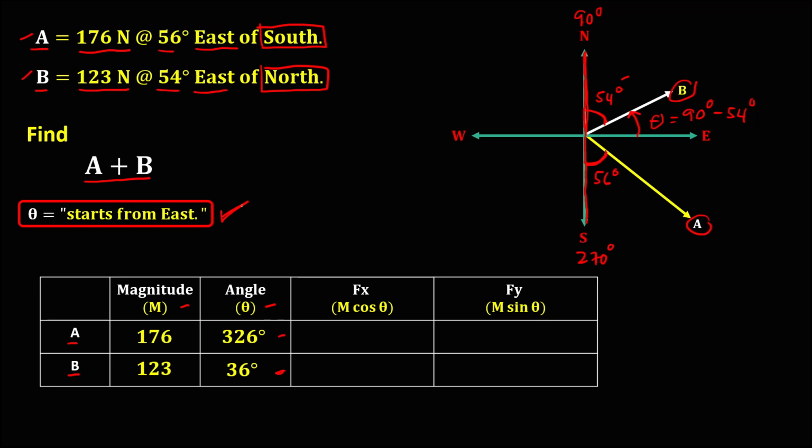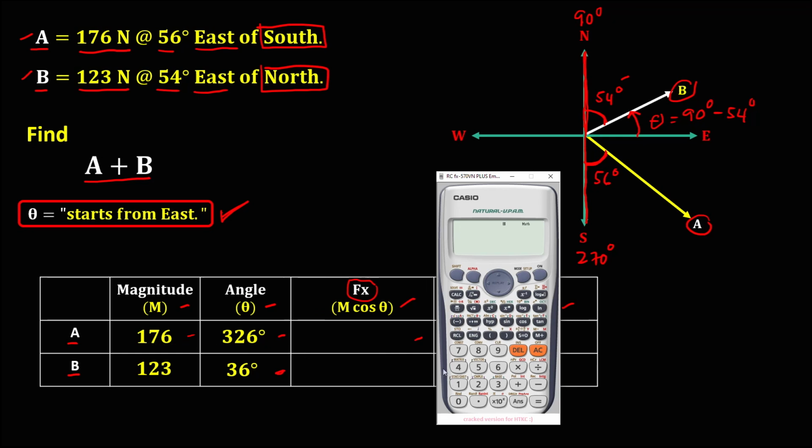Since we now have the magnitude and theta for vector A and B, this time we can find the x component and the y component using this formula. For vector A, to find the x component, we have the magnitude 176 times cosine theta, and theta is 326 degrees.